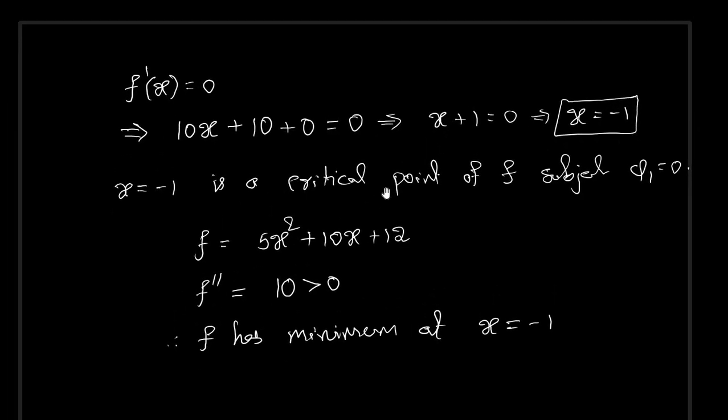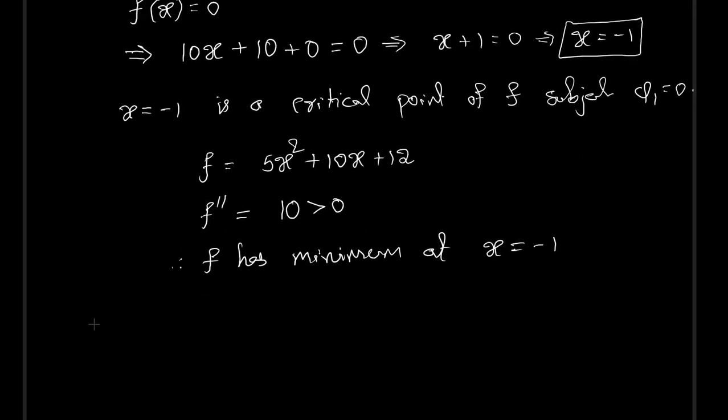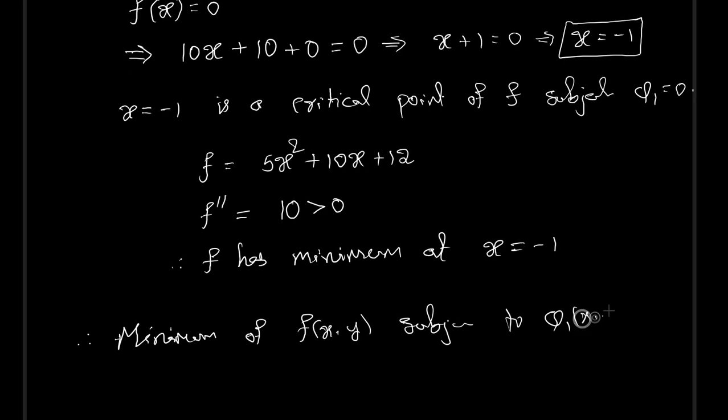Now, what is the minimum of f of x comma y subjected to the constraint phi 1 of x comma y equal to 0? What is the minimum value?